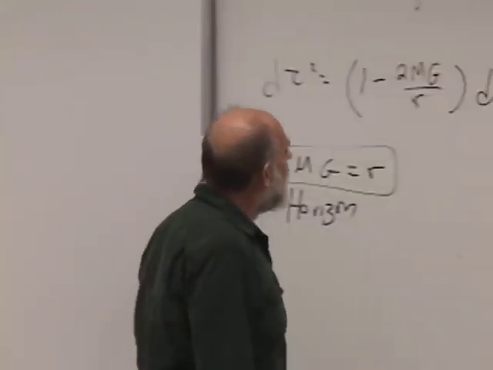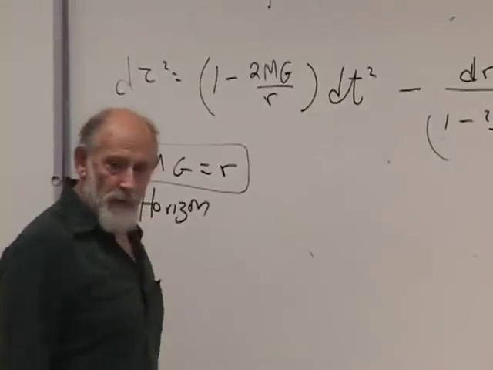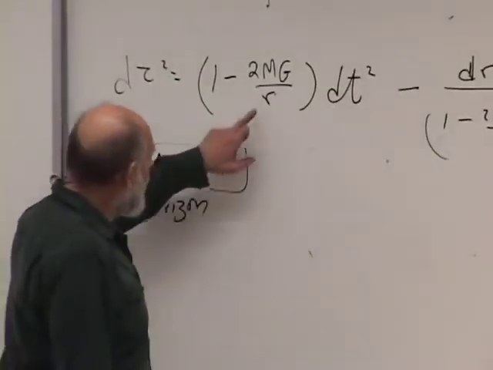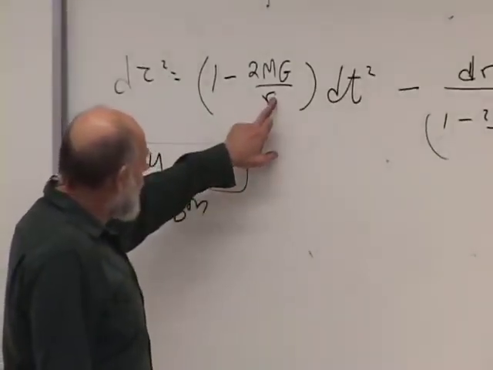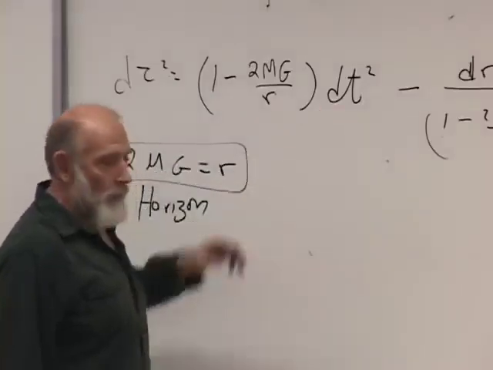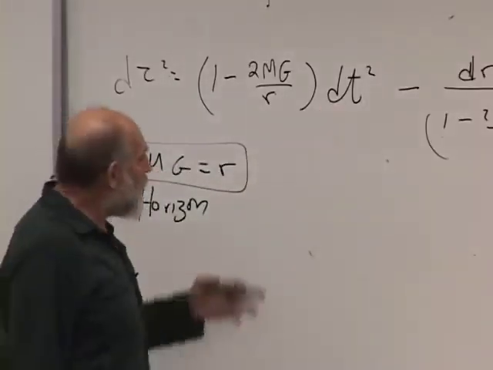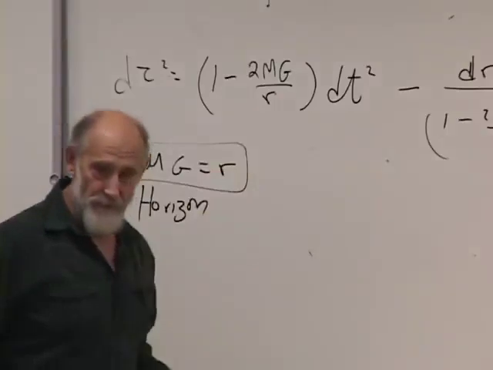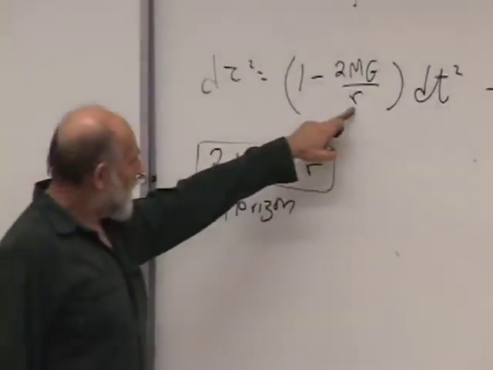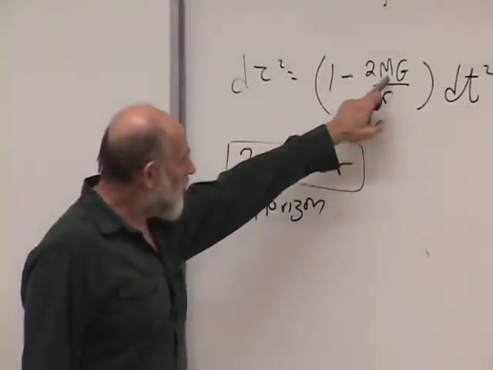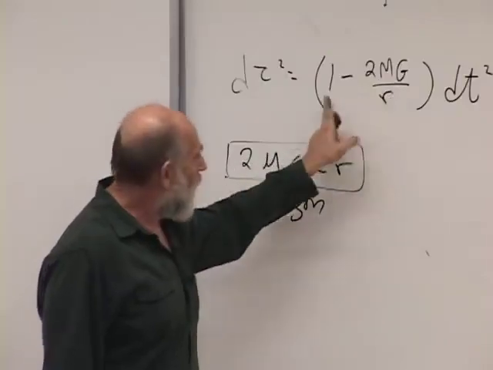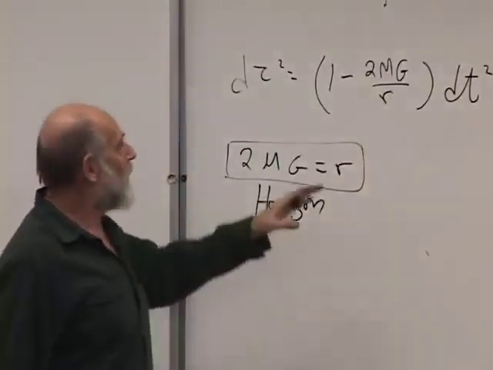Okay. Next, at r equals 0, there's also something funny happening. At r equals 0, the coefficient of dt squared blows up. But even worse, it blows up with a negative sign. When r is equal to 0, this becomes big. 1 minus something big is negative something big.